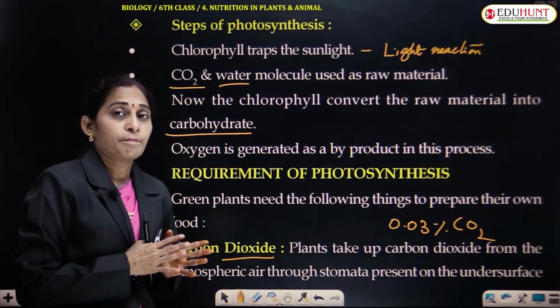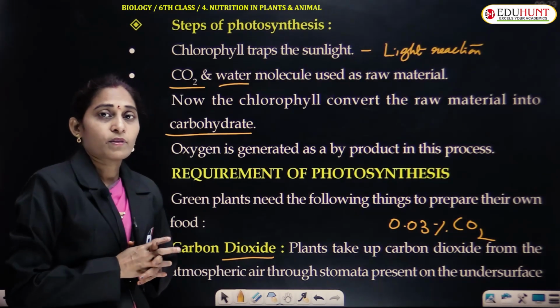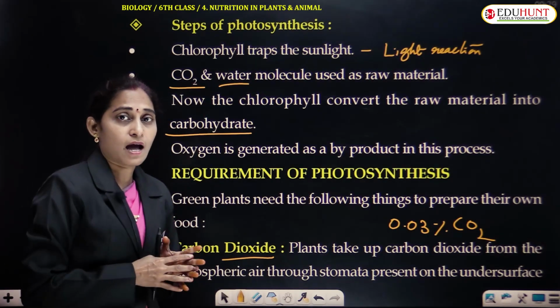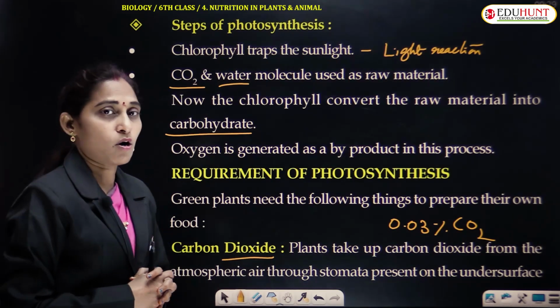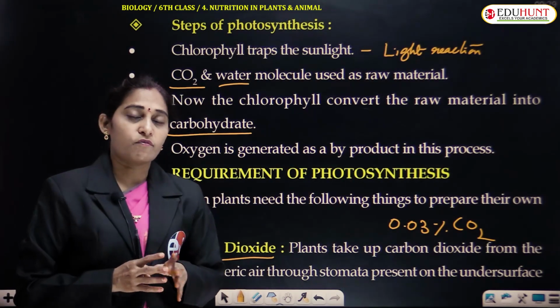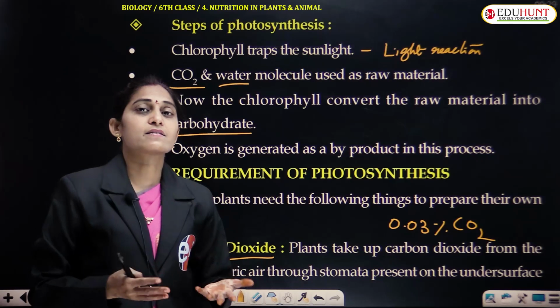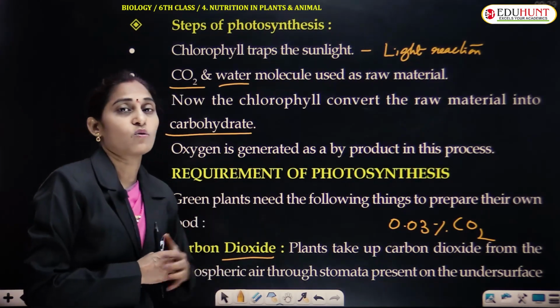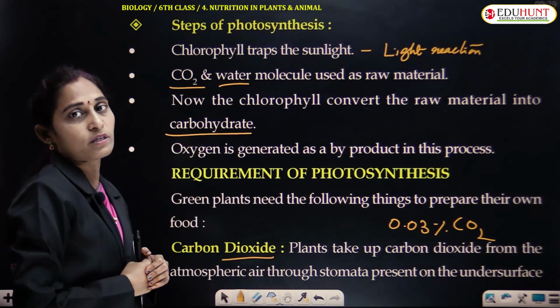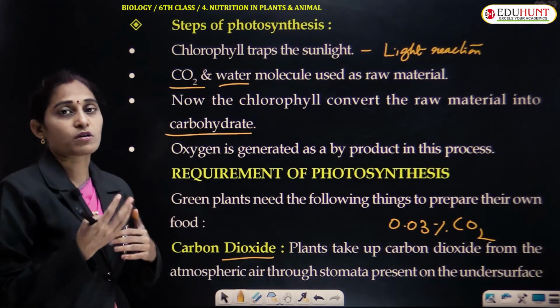That is why green plants are very essential for controlling air pollution, because automobiles release gases in the form of CO2, and these gases, especially CO2, will be trapped. It is utilized during photosynthesis and oxygen is released.